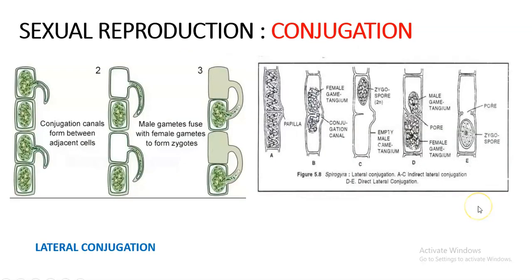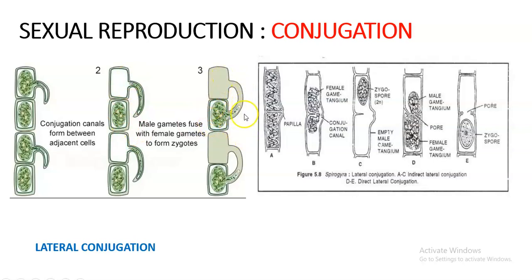Now coming to the next kind of conjugation, that is lateral conjugation. In lateral conjugation, from the same thallus, two different cells, this cell acted as a male gametangium and this cell acted as a female gametangium. So the protoplasm of the male gametangium was transferred to the female gametangium, but both are in the same thallus.